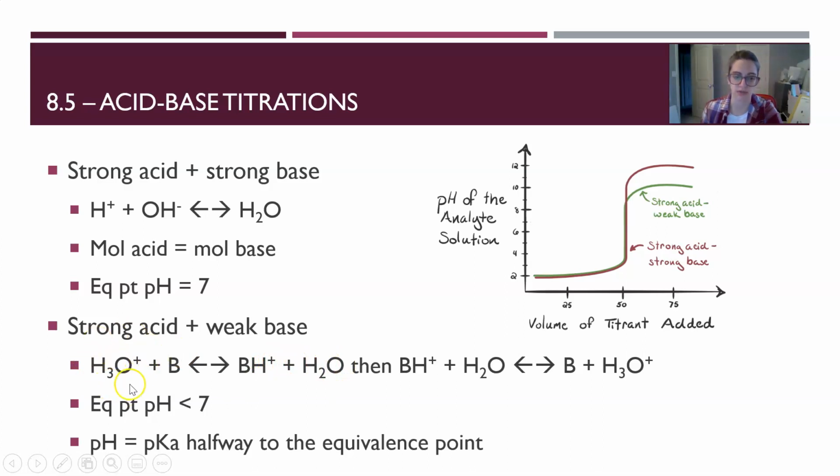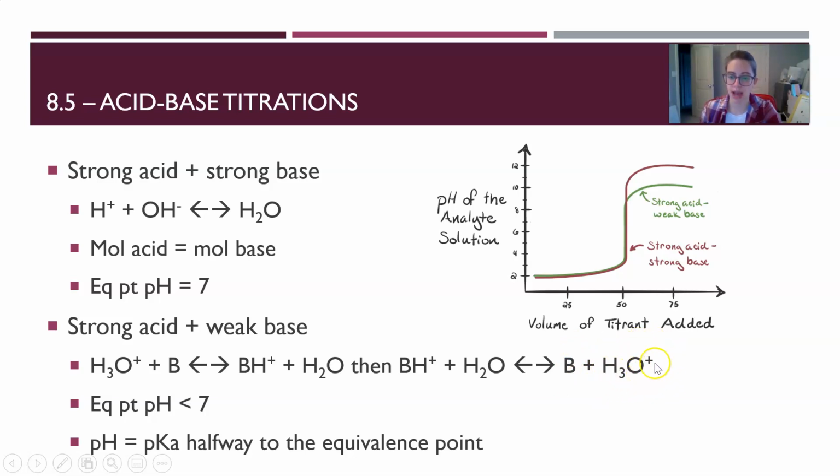So we're taking a proton from the H3O+ to add to the base, because that's what a base does. And then at the equivalence point, when you've reacted all of that base and you can't make any more, your BH+, your conjugate acid, then gets to be an acid. It continues to react with water to form some conjugate base and some hydronium ion remaining.